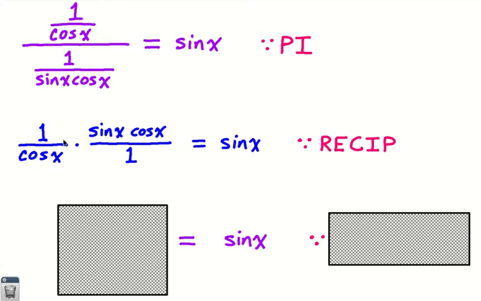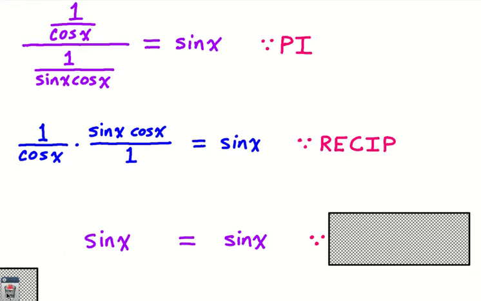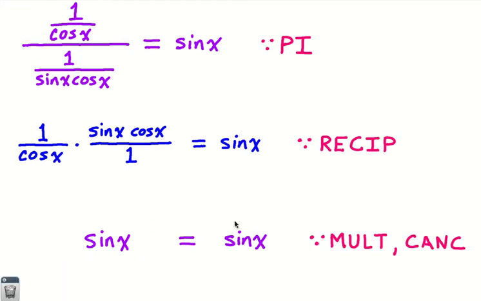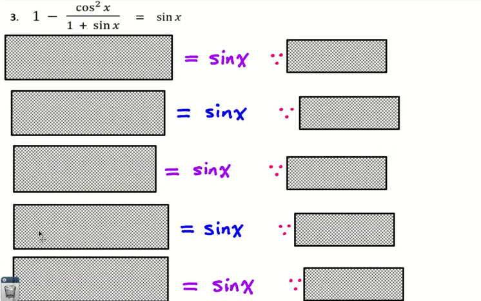And from here, as we do the multiplication, the cosines will cancel, and you'll be left with sine. And finally, the left side will perfectly match the right side, and you'll be done. And again, this last step was because of multiplying and canceling.